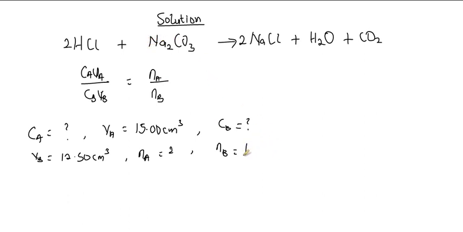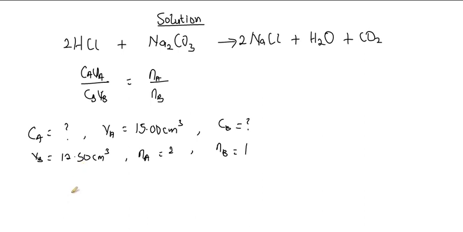Now we can't proceed here because we have 2 unknowns. We have Ca not known yet and Cb not known. But from the question, we are being made to know that 0.25 mole of the acid is present in 0.50 dm³, and we need to know the concentration of the acid in mole per dm³, that is the moles of the acid that will be present in 1 dm³.